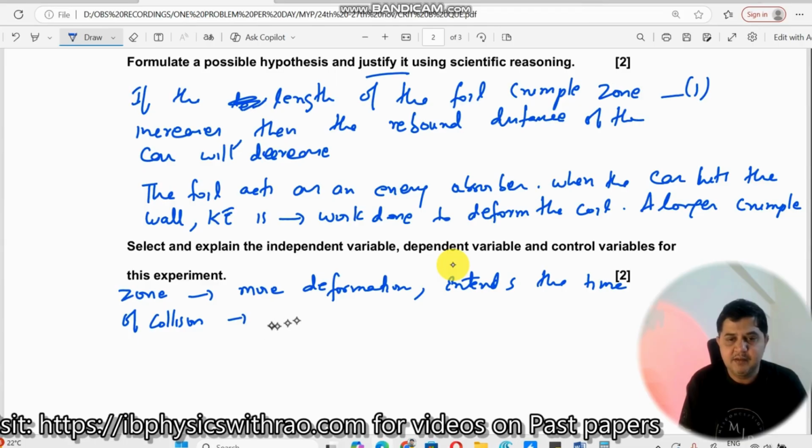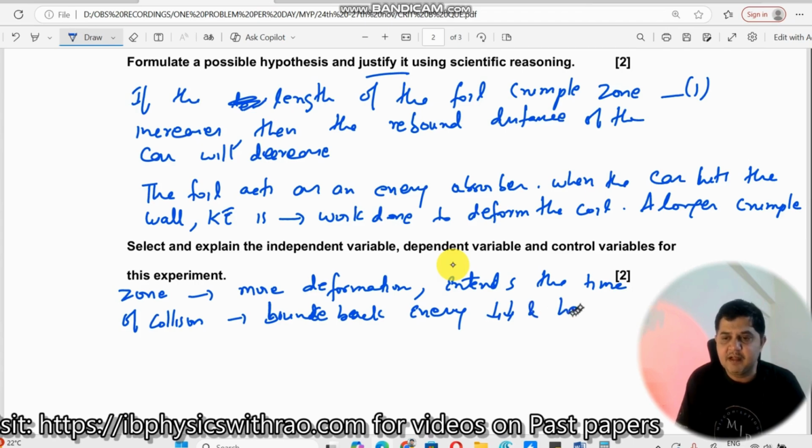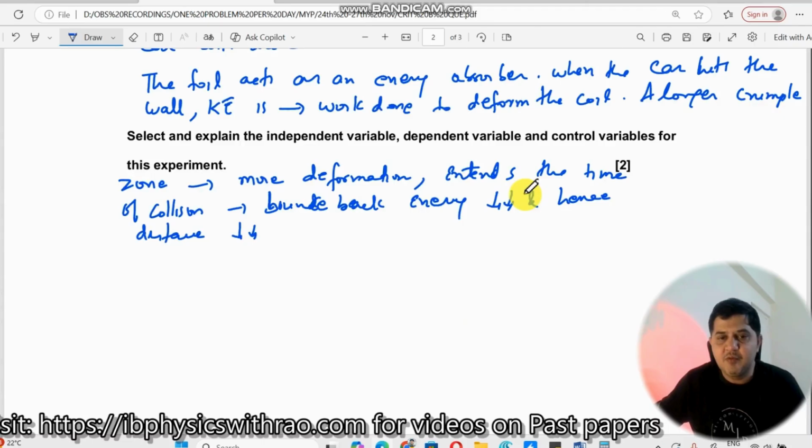Therefore, bounce back energy reduces, and hence the distance is also reduced.